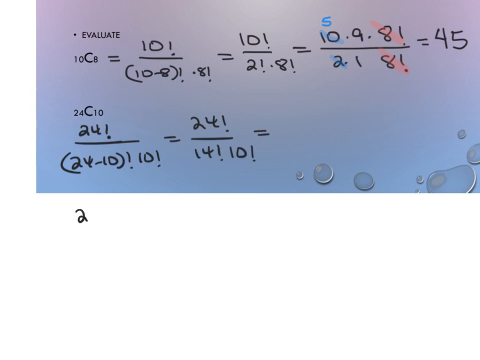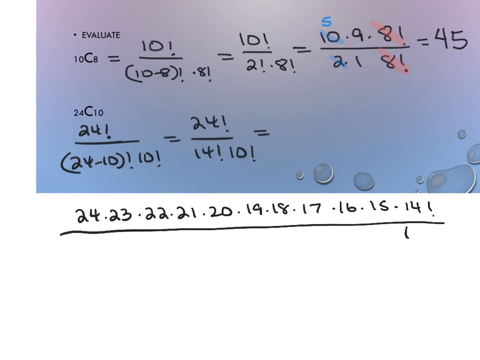So I'm going to take the 24 all the way down till it gets to the 14. 24, 23, 22, 21, 20, 19, 18, 17, 16, 15, 14. I'm going to stop there. 14 factorial. Those simplify. Now I need to expand the 10. 10, 9, 8, 7, 6, 5, 4, 3, 2, 1.